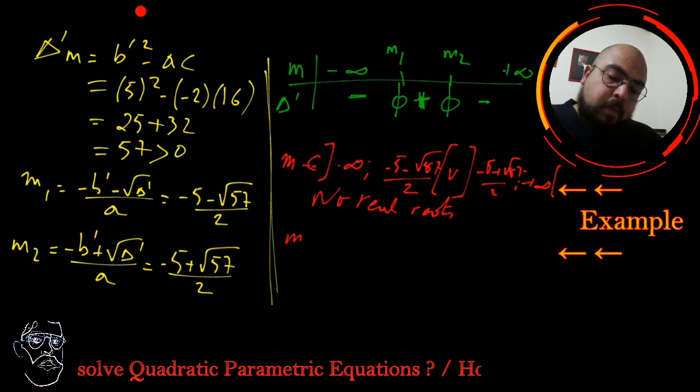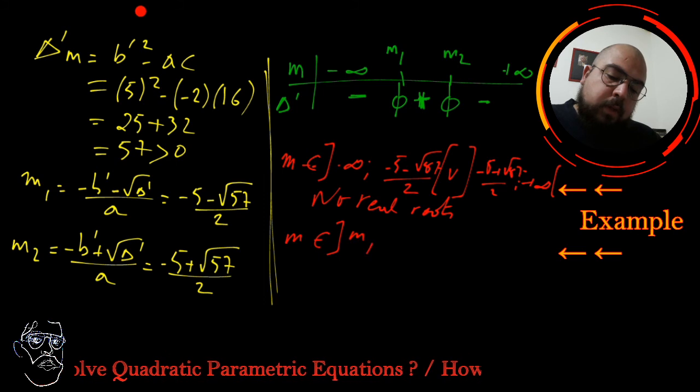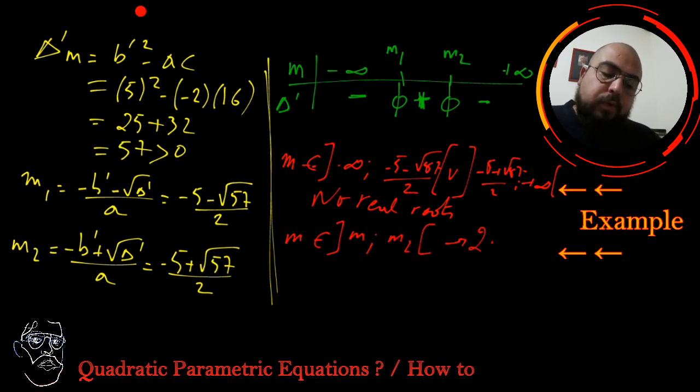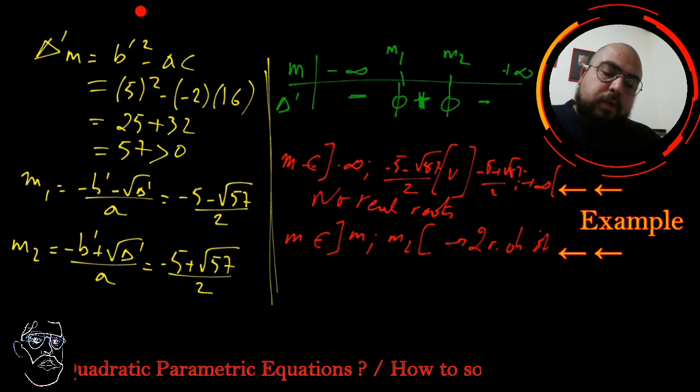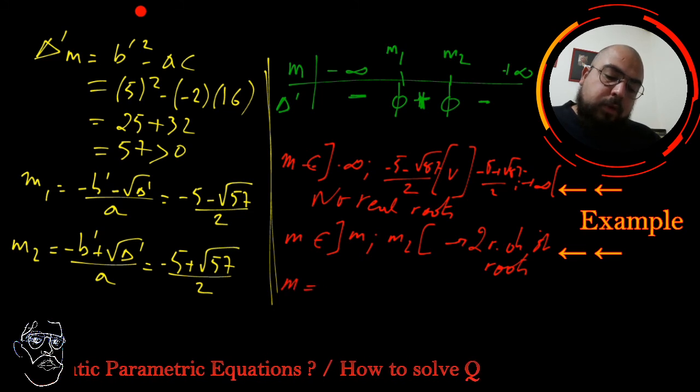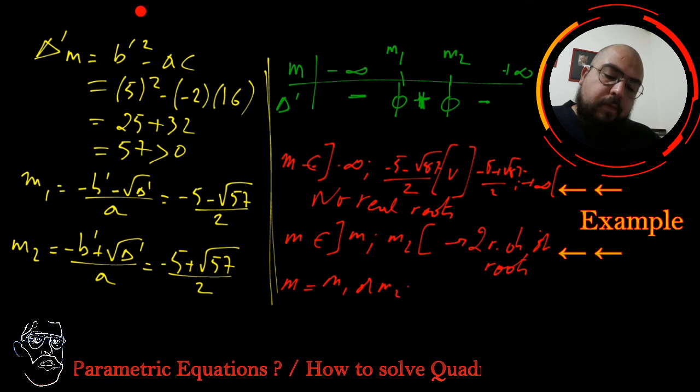When m belongs to the interval m1 until m2, the values I already mentioned, you will have two real distinct roots, and of course you can use the formula. And when m is equal to m1 or m2, you will have one real double root.